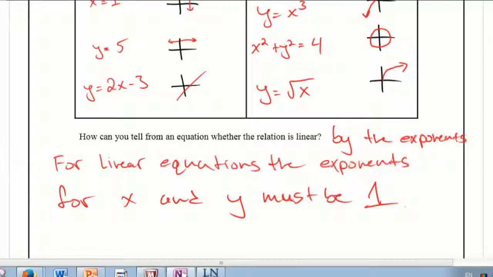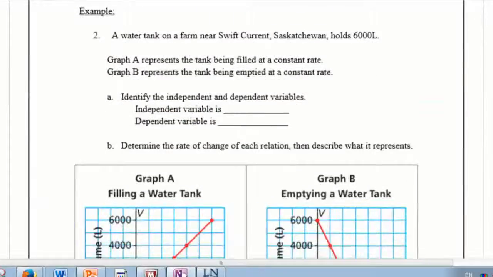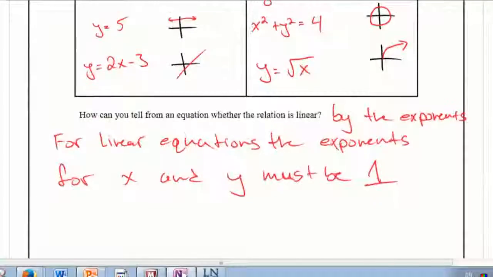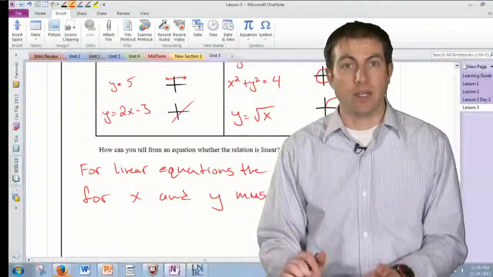As soon as you get an equation that has an exponent that isn't 1, then you are dealing with a nonlinear thing. Now, there's one more example there, which you guys could maybe look at if you want. I'll go through it next day, but I want to call it quits there for the day.